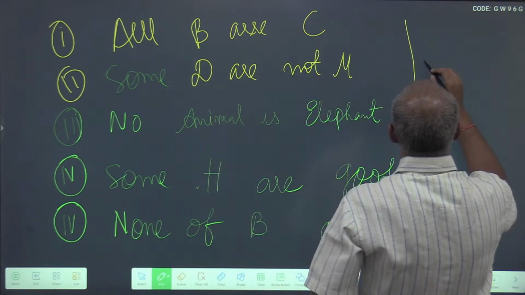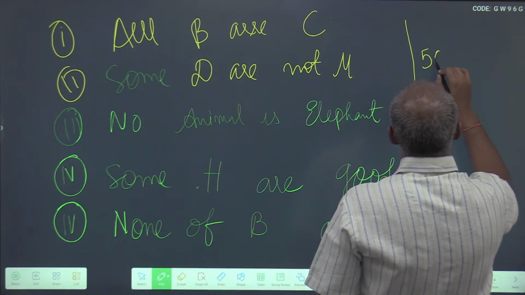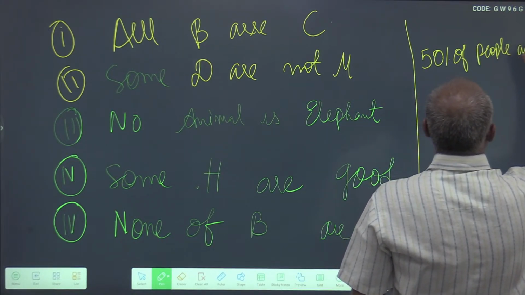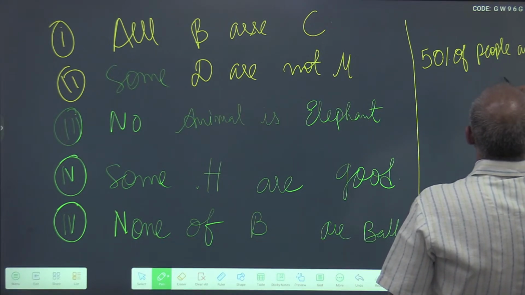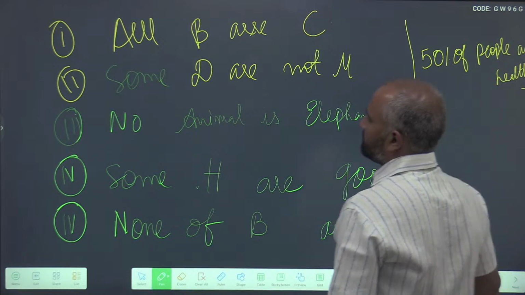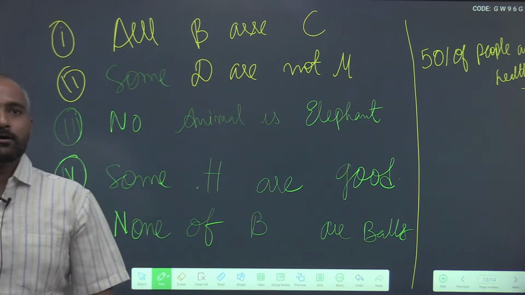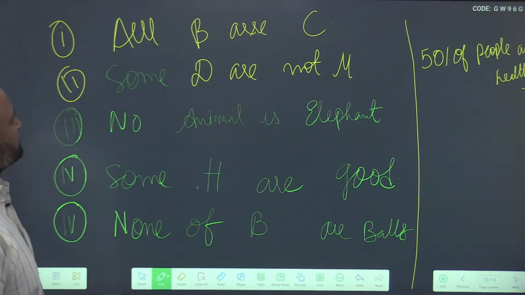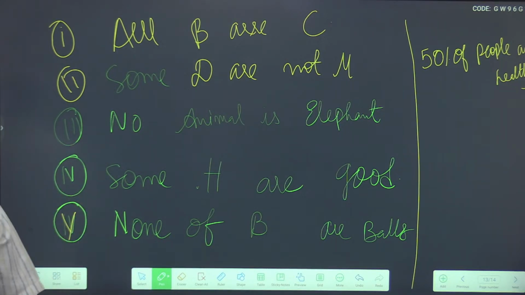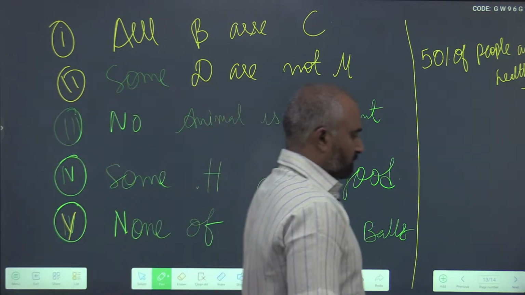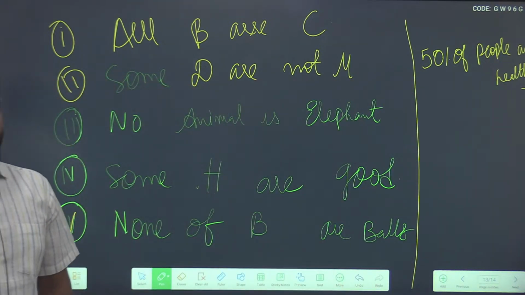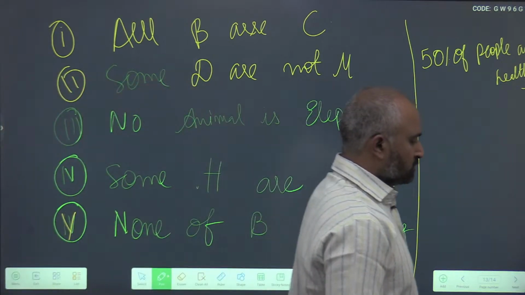Next, 50% of people are healthy. So assign codes to all the 6.